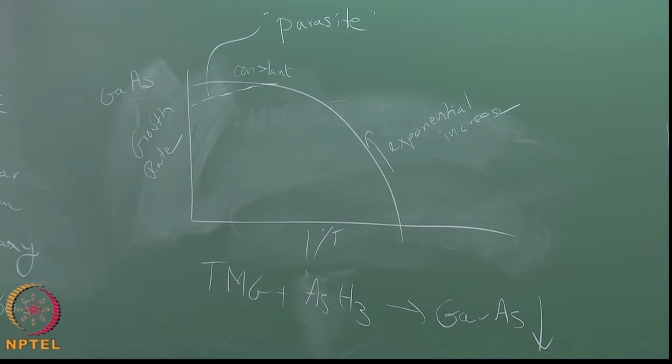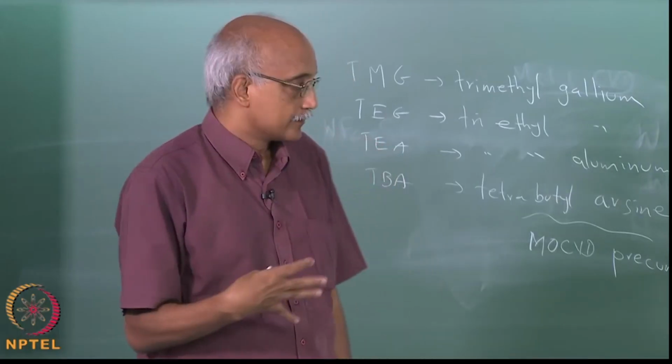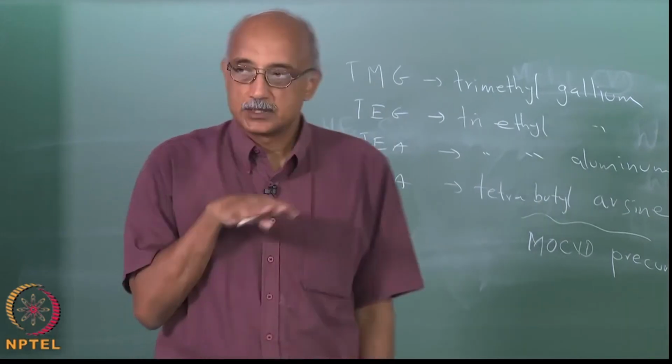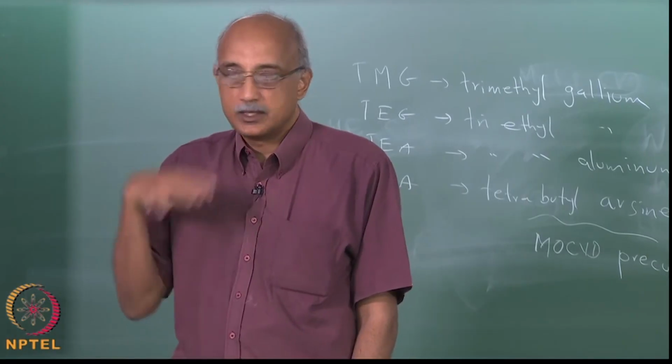There can be two kinds of parasitic reactions. The parasitic reactions can keep the gallium and the arsenic from depositing on the surface, so it keeps them in the vapor phase.